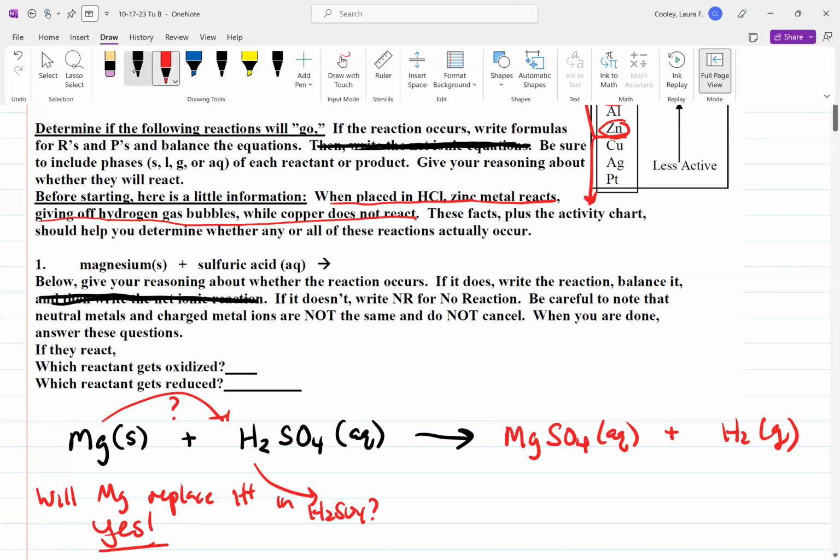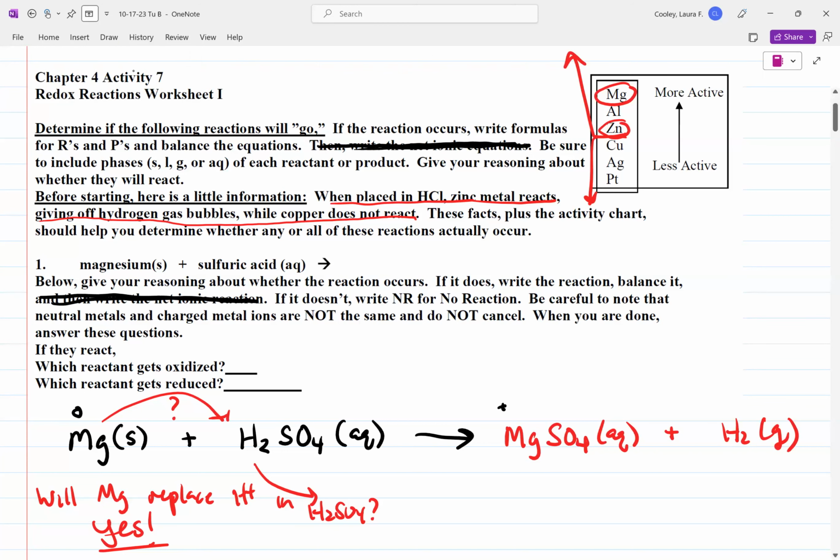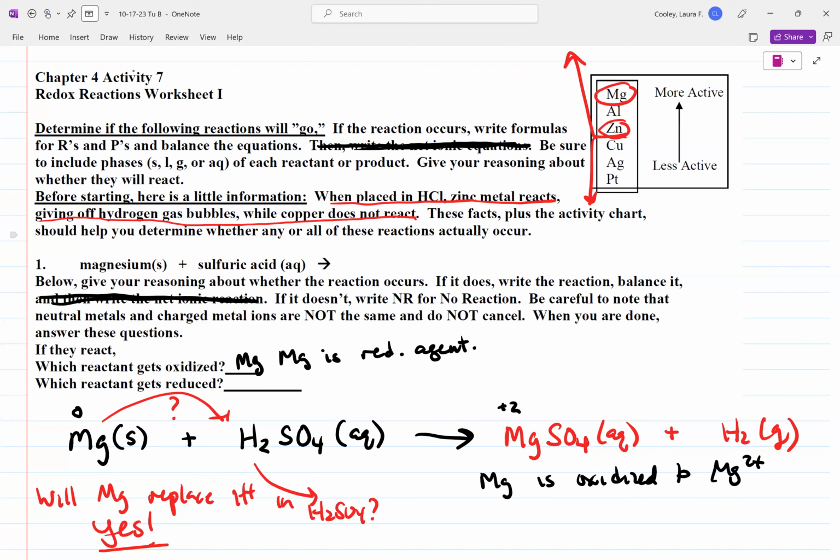But it's a good idea for practice to put the charges here. 0, +2. So Mg is oxidized to Mg2+. Mg gets oxidized. So that means that Mg is the reducing agent. And this is +1 over here.